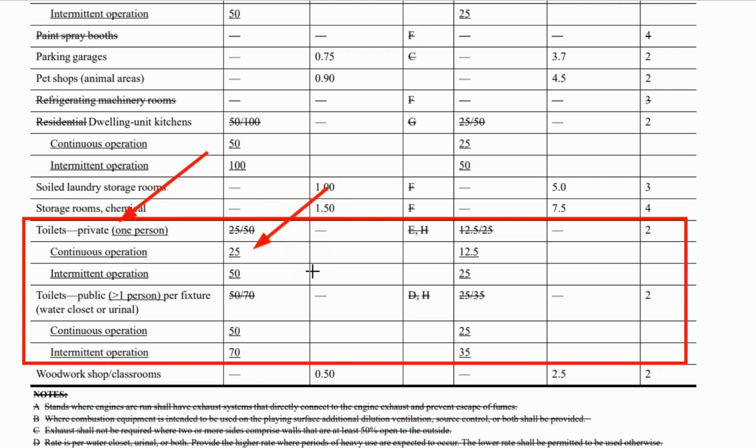But if we are using the exhaust fan when we are using the toilet, then for one toilet we need to select 50 CFM for exhaust air. Similarly, for public type of toilet, if we are using the exhaust fan continuously, then for one toilet we need to select the exhaust air 50 CFM. But if this fan is not running continuously, then for one toilet we need to select the exhaust air 70 CFM.